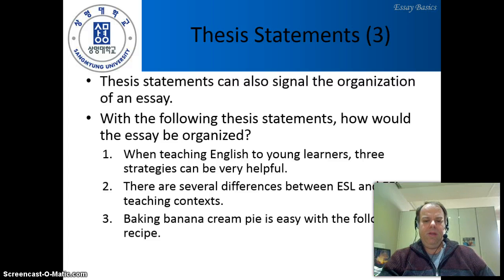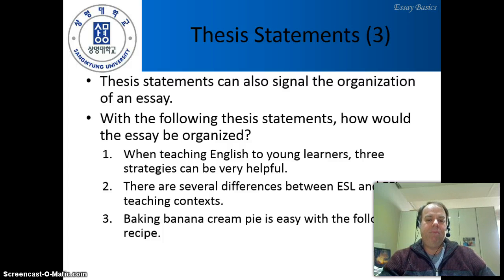In the second one, there are several differences between ESL and EFL teaching contexts. Well, not only are we going to be looking at 3 differences, but also you know that this is probably going to be some kind of compare and contrast essay, because you're looking at the differences between 2 things.